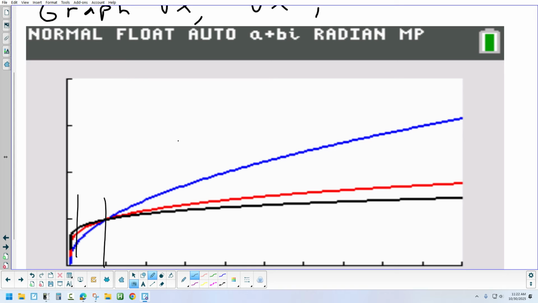After 1, the square root is always on top of the 4th root, which is on top of the 6th root. So the higher the index, the lower the graph is after the number 1. If you look before the number 1, what I just said is reversed. The higher the index, the higher the graph. The 6th root is the highest, the 4th root is the middle, and the square root is the lowest.